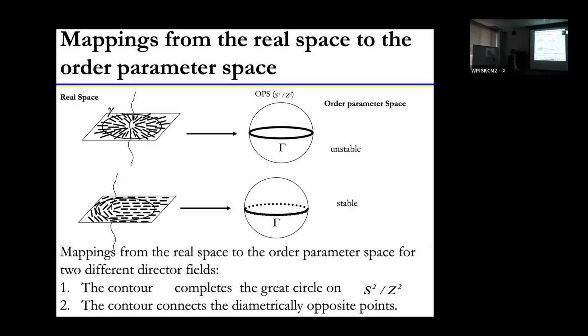So the result of the homotopy group analysis, I somehow don't have on this particular slide. It would be pi1 of S2 mod Z2 is simply equal to Z2. And what this tells us is there is only one type of defect line in three-dimensional space that I can have in addition to the trivial uniform state.